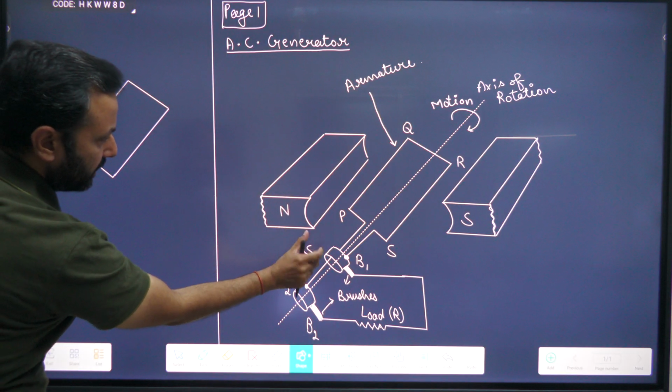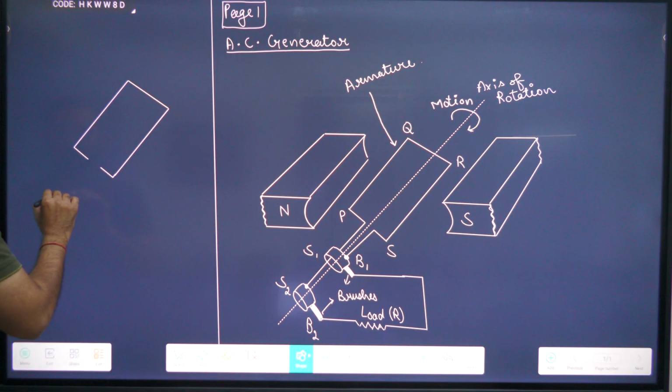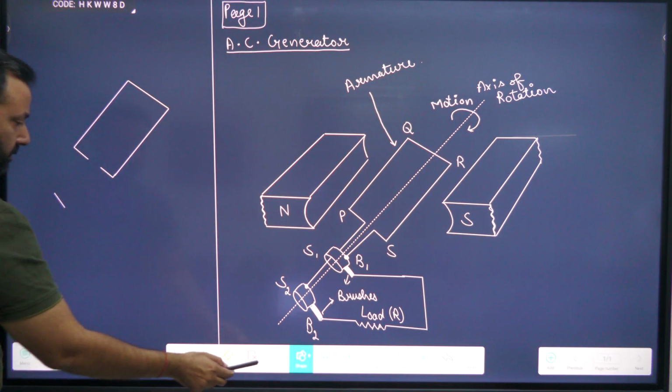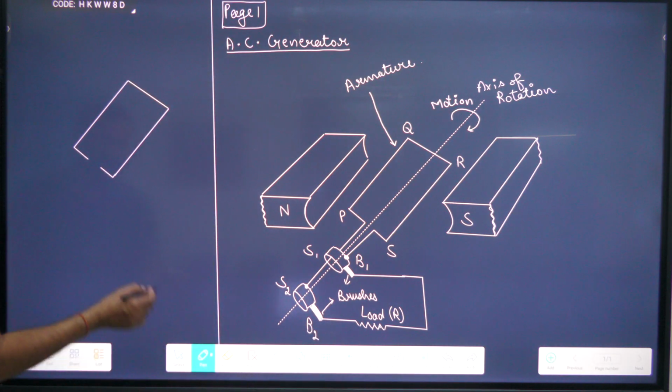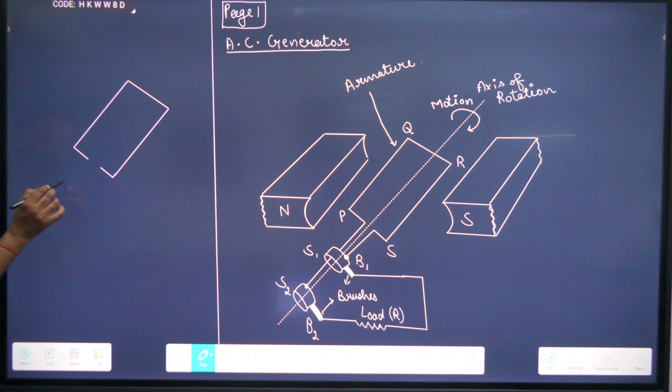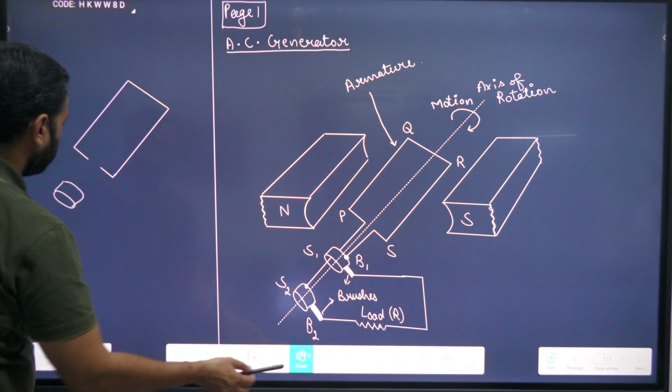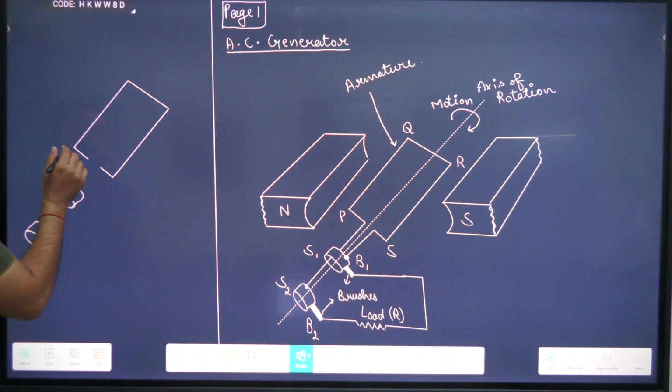SR will come here, and accordingly B1 will also move like this.